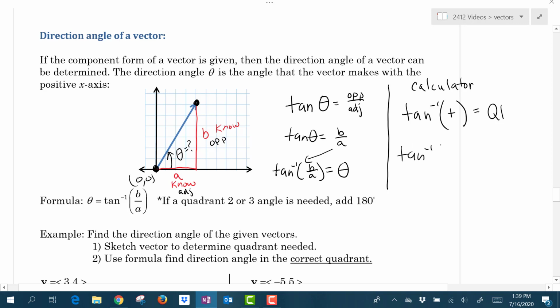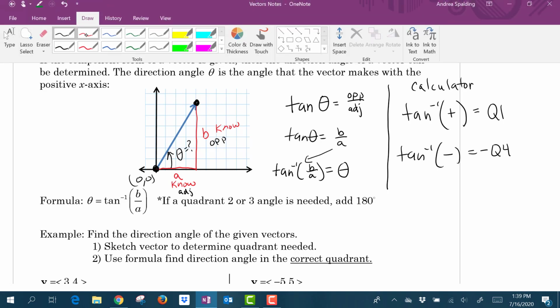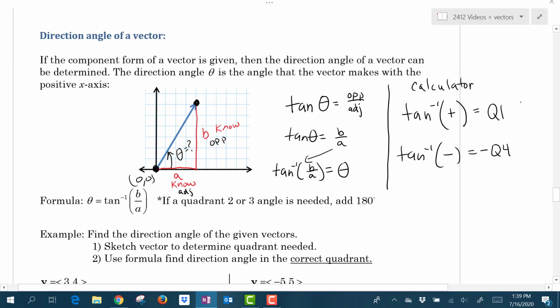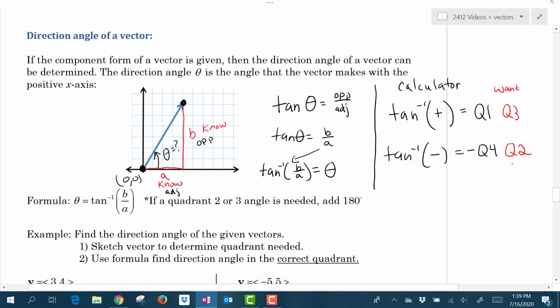If you plug a negative ratio into the tangent inverse function, it's going to give you a negative angle that lives in quadrant 4. If you want a quadrant 3 angle, or if you want a quadrant 2 angle, then you are going to have to make an adjustment. And that adjustment is to add 180 degrees to the angle that the calculator gives you.